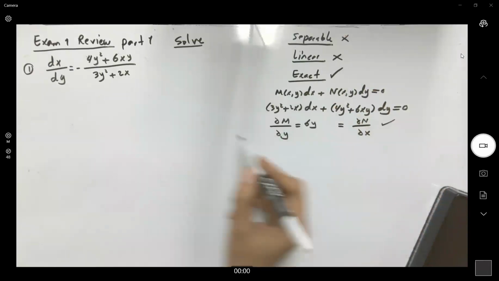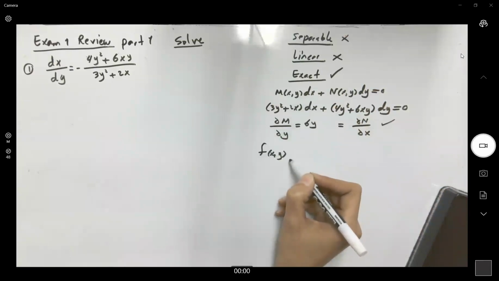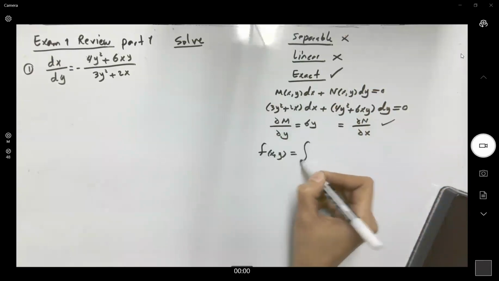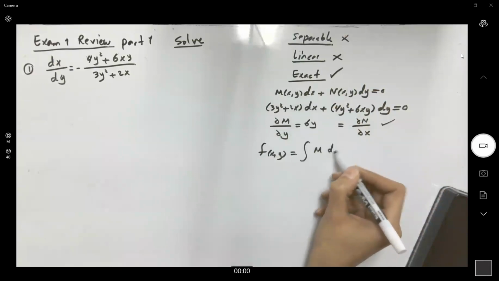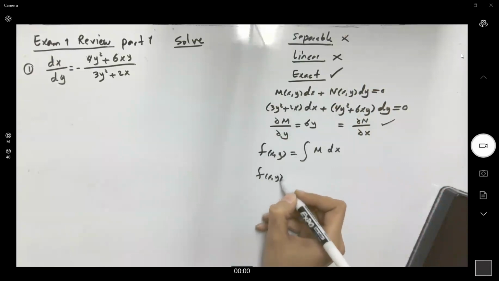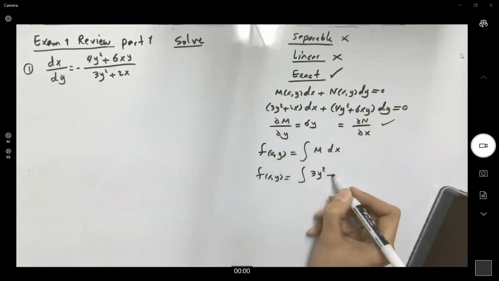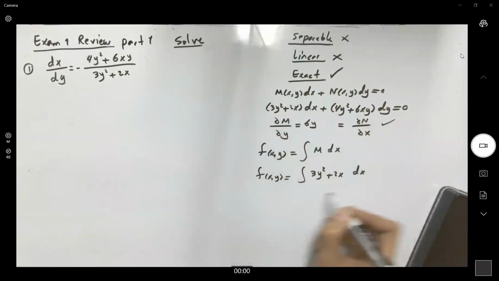How do we do that? You have a function in x and y which is equal to the integral of M dx. So f of x and y becomes the integral of M, 3y squared plus 2x, dx.